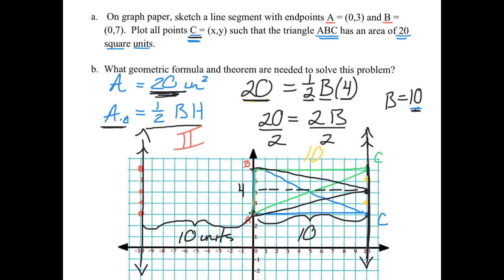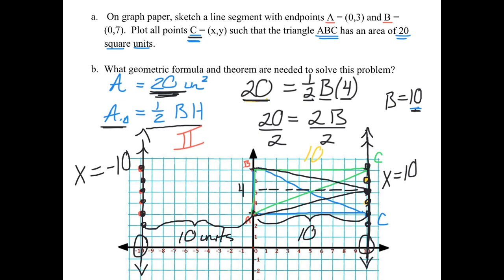Since they're vertical lines going through specific points, negative 10 and 10, the equation for the line on the left is going to be x equals negative 10, because all the x coordinates here are negative 10. And the one on the right is obviously going to be x equals positive 10, because all the x coordinates here are positive 10.